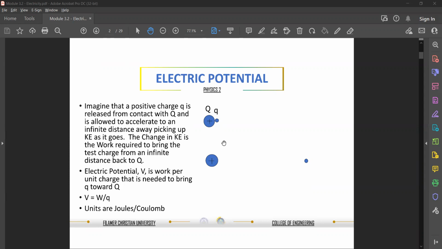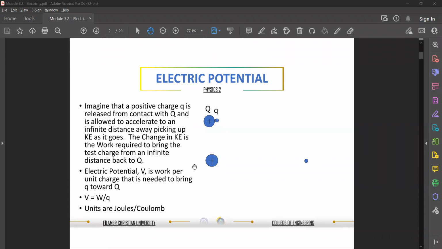So our electric potential, which is V, is defined as the work per unit charge that is needed to bring the charge towards Q itself. So V is just a ratio of work per unit charge.